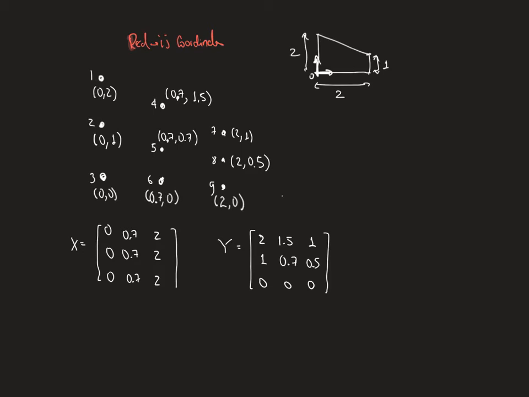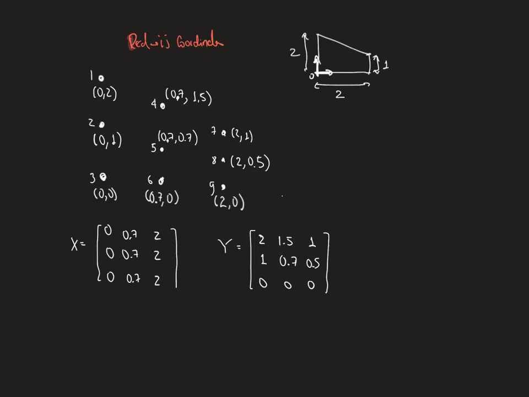Now forget about the physical metrics and let's imagine this is somehow like a matrix in mathematical terms. So which row? First column, first row, second column, first row, third column, and so on.